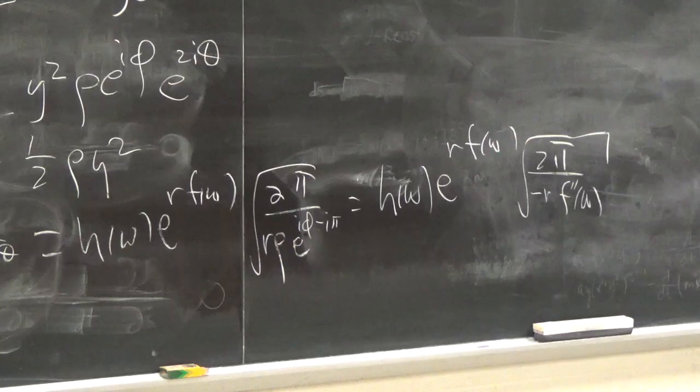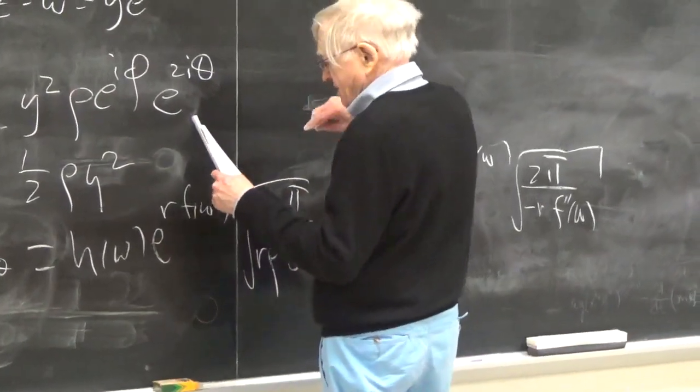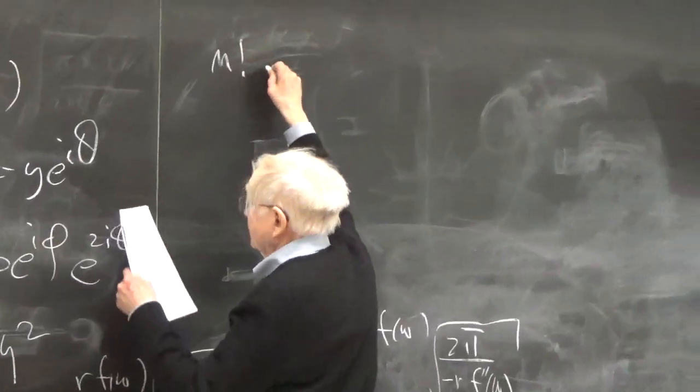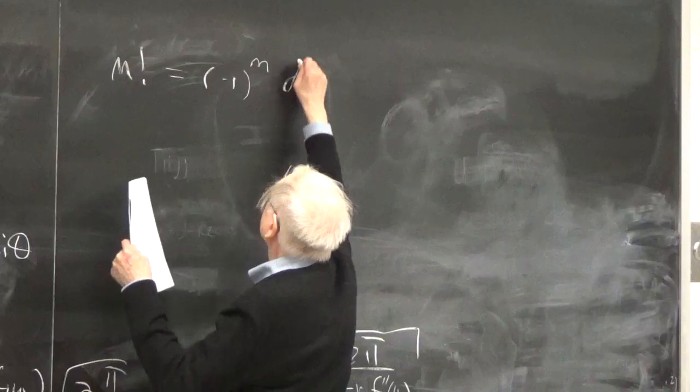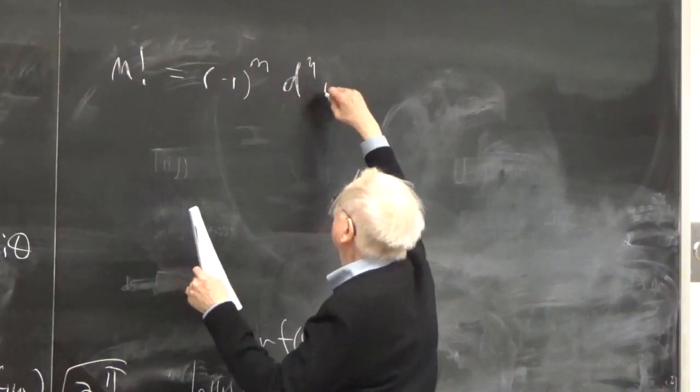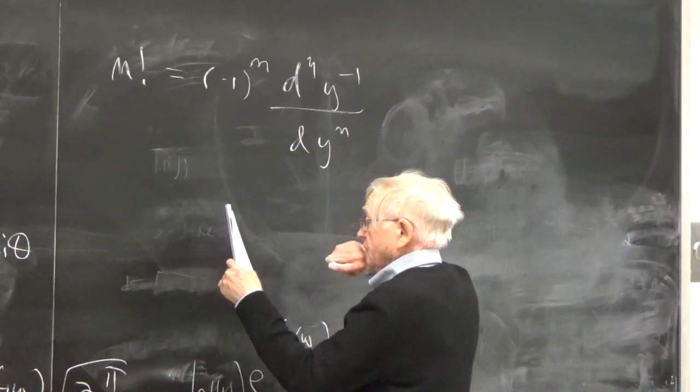So an example of this is Stirling's formula. Let me show you that. What we know is that n factorial, of course, is minus 1 to the n d^n of y inverse dy to the n.